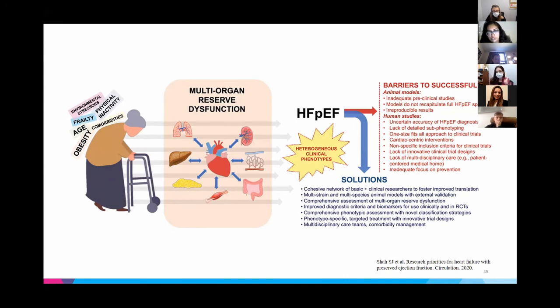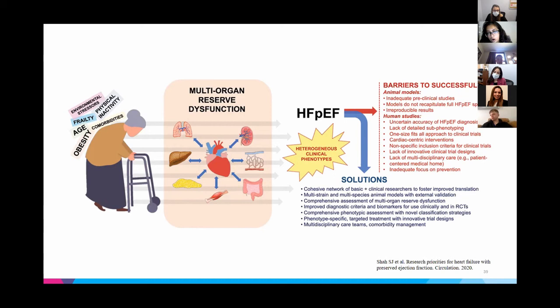The barriers include inadequate preclinical studies, irreproducible results, uncertain accuracy of whether patients even have HFpEF in human studies like we saw with TopCat, this one-size-fits-all approach to clinical trials, non-specific inclusion criteria, and lack of multidisciplinary care.